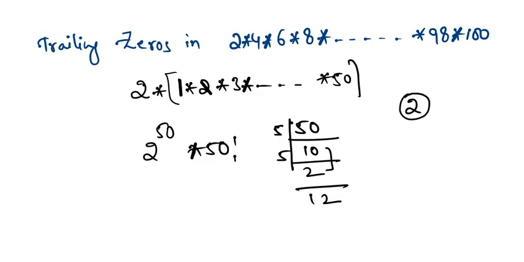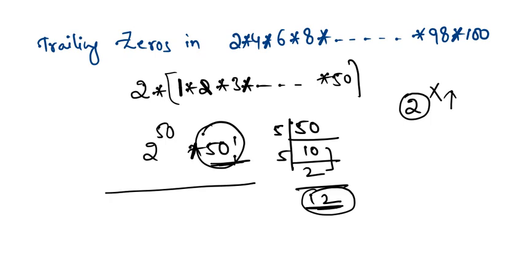Because in a factorial we need to take only 5's, as 2's will be more. So 50 factorial has 12 zeros. So the final answer, 2 power 50 into 50 factorial, has 12 zeros at the end. Okay. In this way, we need to find the trailing zeros. Okay. Thank you.